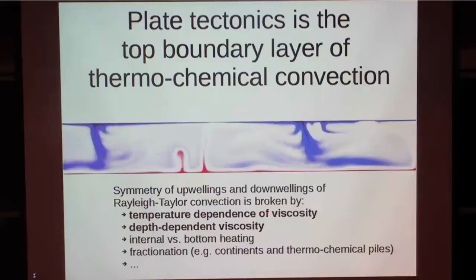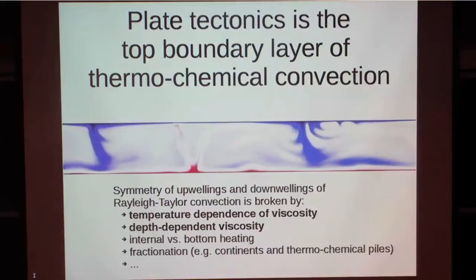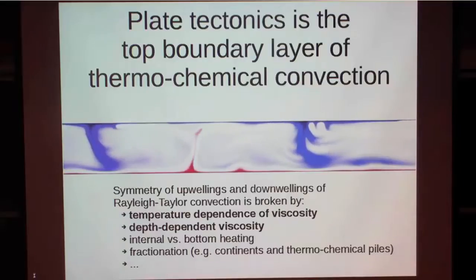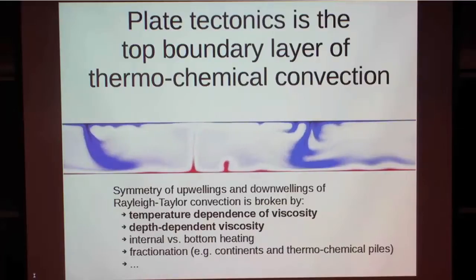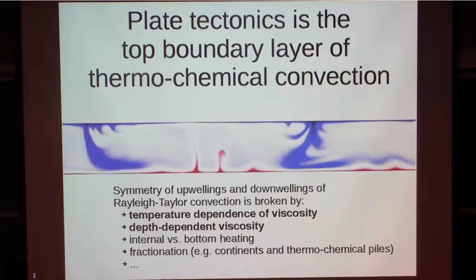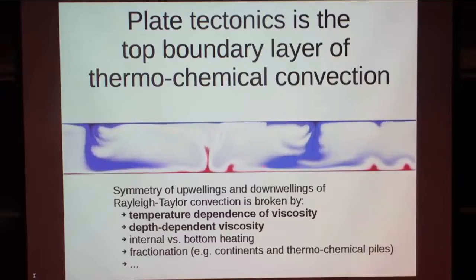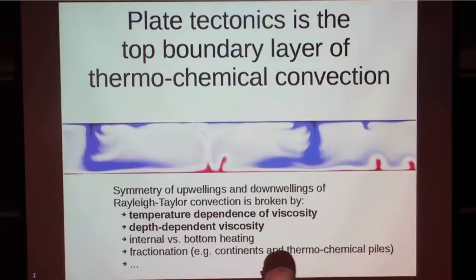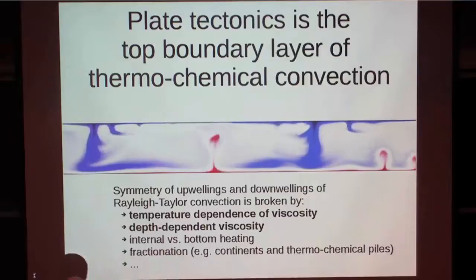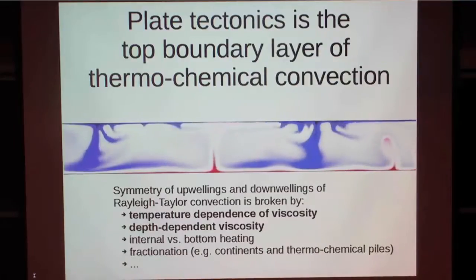I have a little movie here which improves slightly on the realism of a Rayleigh-Taylor perfectly symmetric convection cell by introducing depth-dependent viscosity. That's why these things have different behavior at this viscosity jump that's somewhere up here. And I've introduced temperature-dependent viscosity. Not that this is a realistic approximation of the Earth, but this is perhaps a little bit closer.